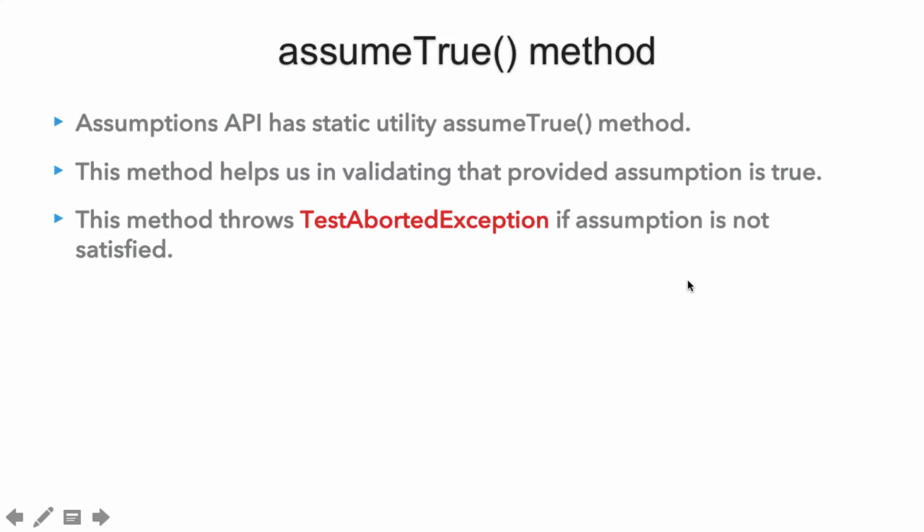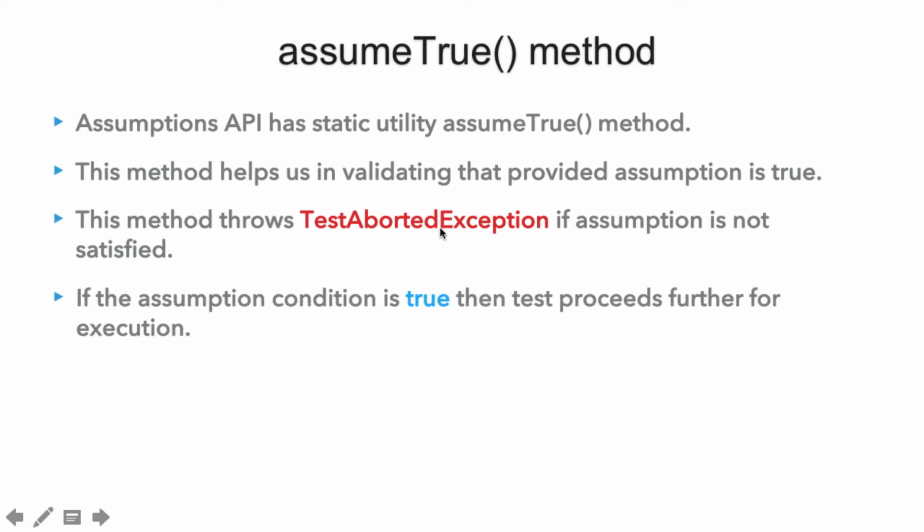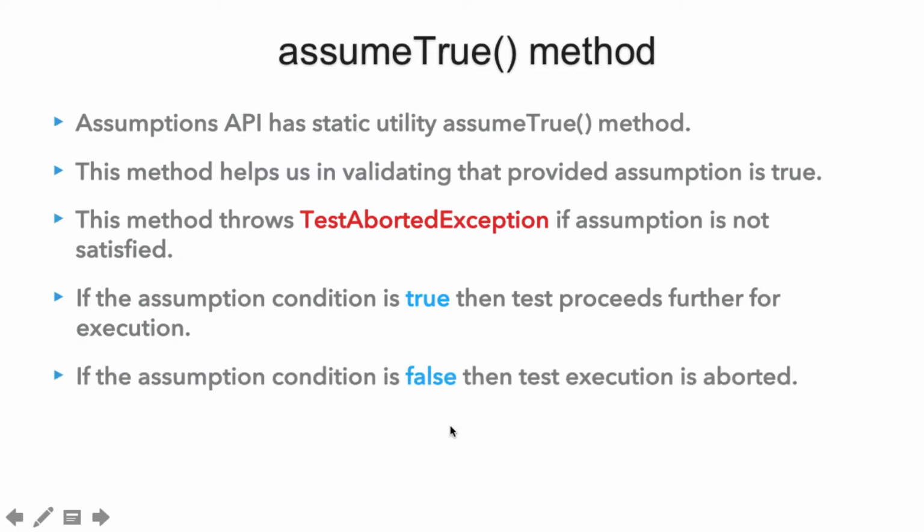And in our last lecture we also discussed that assumptions, if they are not satisfied, throw a TestAbortedException. So here if the assumption condition is true, then the test proceeds further for execution. And if the assumption condition is false, then test execution is aborted.